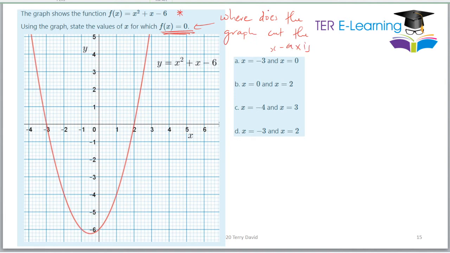My x-axis is this line here. So it's cutting at this point here, which corresponds to -3, and it's cutting at this point here, which corresponds to 2. So therefore x equals -3 and x equals 2. These are the answers we're looking for.